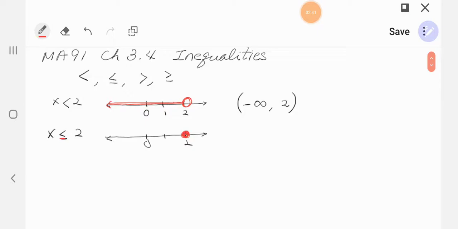Equal sign means the number 2 is one of the values of x, and x is less than 2. So go all the way down to the left. All the values less than 2 are values of x. So this is the graph of less than or equal to. If there's an equal sign, then include the number 2, because x is equal to 2 or x is less than 2.